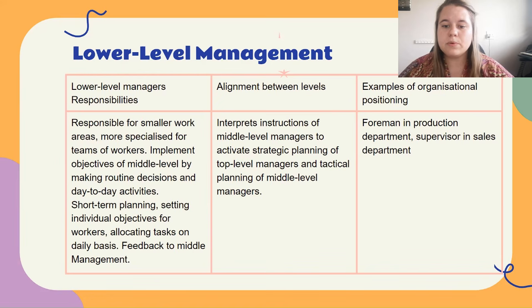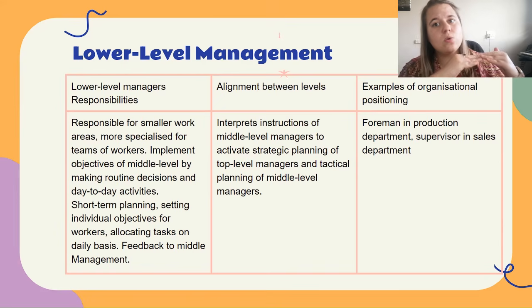The alignment between the levels: this interprets instructions of middle level managers to activate the strategic planning of top level managers and the tactical planning of the middle level managers. So the types of positions here: it's the foreman in the production department, it's the supervisor in the sales department.